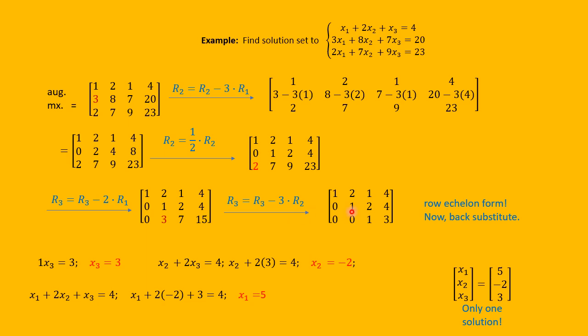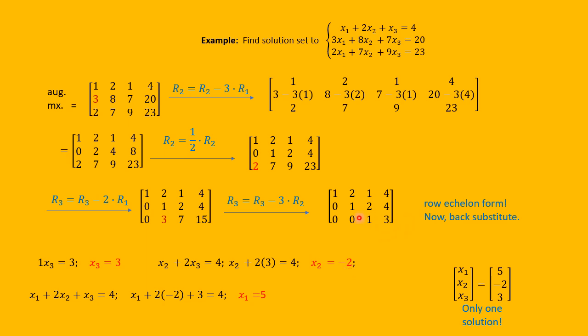Then we go to this row, and we have 1 times x sub 2 plus 2 times x sub 3 has to equal 4. But we know that x sub 3 is 3. So x sub 2 plus 6 equals 4. So x sub 2 has to equal minus 2.